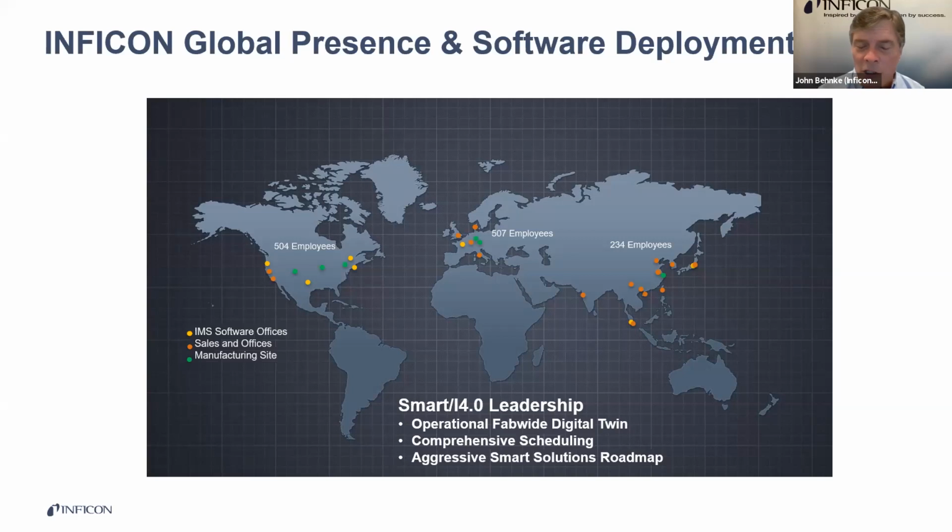We just heard about digital twins from a global Microsoft view. We're very semi-specific. We have probably the most comprehensive operational digital twin for fabs or backends in the world. And we use that to drive a large number of applications across the spectrum of requirements and needs for factories.